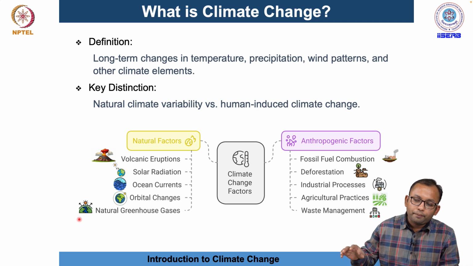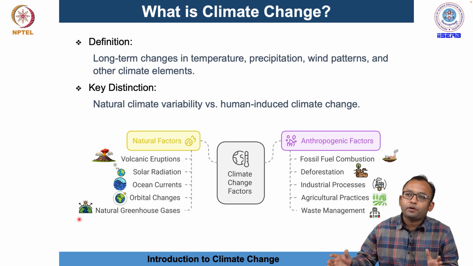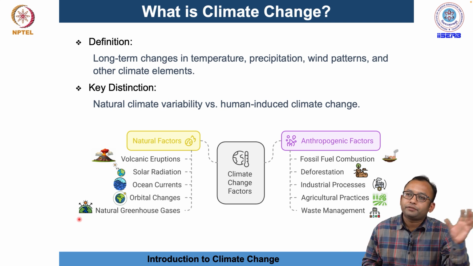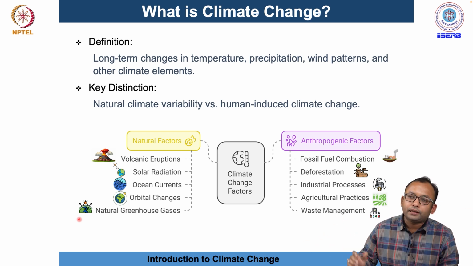But when you look at the data set for, let us say, 30-40 years or a longer record, you compare what has happened in the past few decades with what has happened in the current decades. That is what we mean by a long-term change in temperature or other properties that can be attributed to a change in the climate behavior of a particular location. What are the exact drivers of these changes?